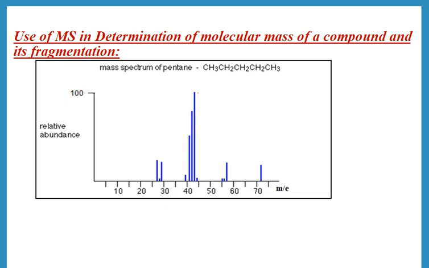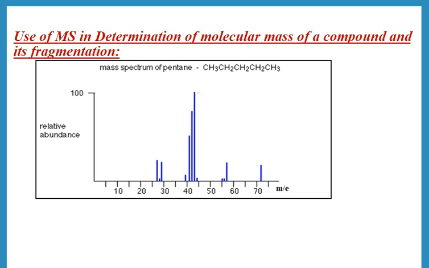So this is a spectrum that we get for pentane. And what we're trying to do is, from the spectrum, we can confirm the structure of pentane if I'm not sure if my substance is pentane or not. Or I can try to find the fragments that are being formed when this compound is analyzed.